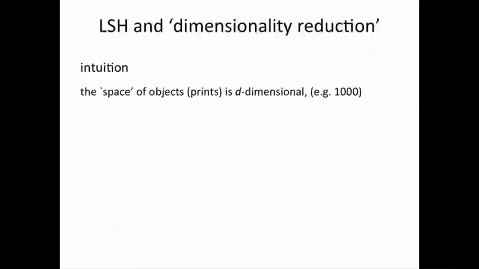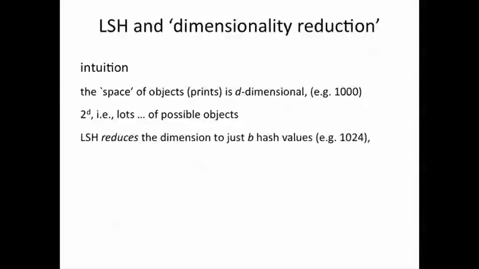It's d-dimensional, where d is 1,000, because every print can be represented by a d-dimensional vector which has ones and zeros, ones where there are minutiae and zeros where there are not. 1,000 because we had a 25 by 40 grid. There are lots and lots of possible objects in this space, not all of which are fingerprints, but definitely the space is very, very large. 2 to the 1,000 is really, really huge.